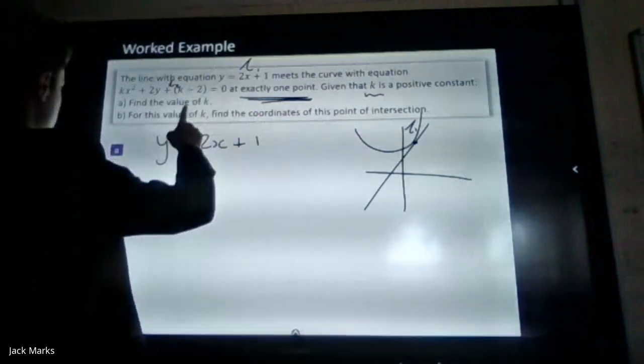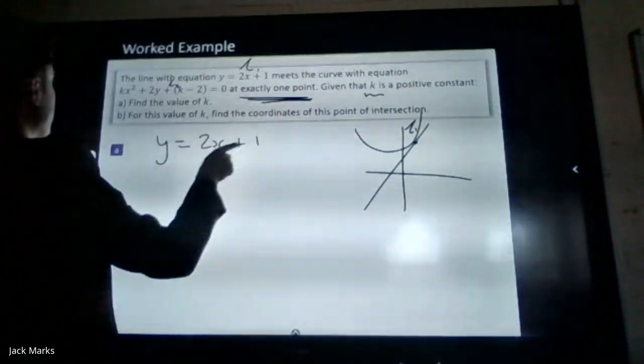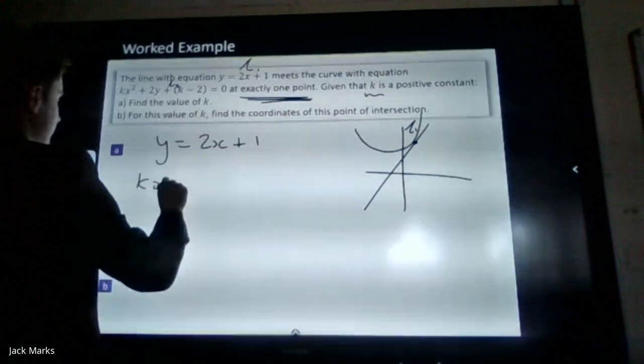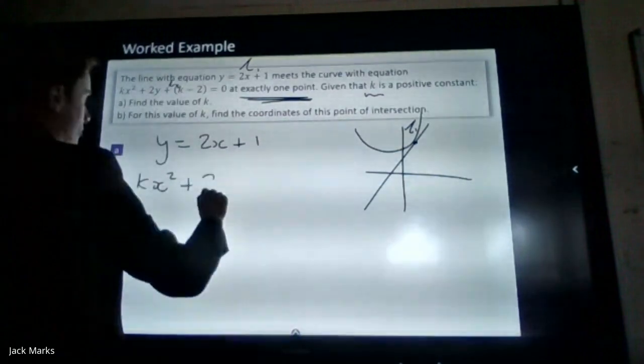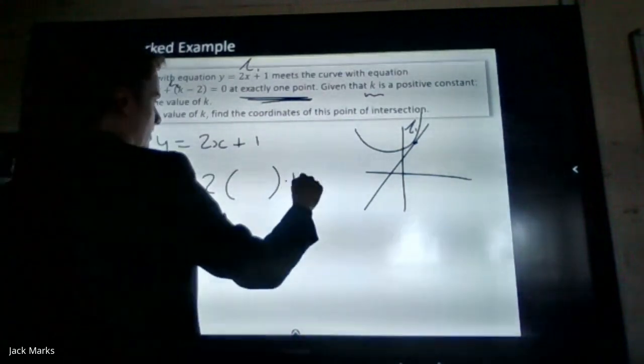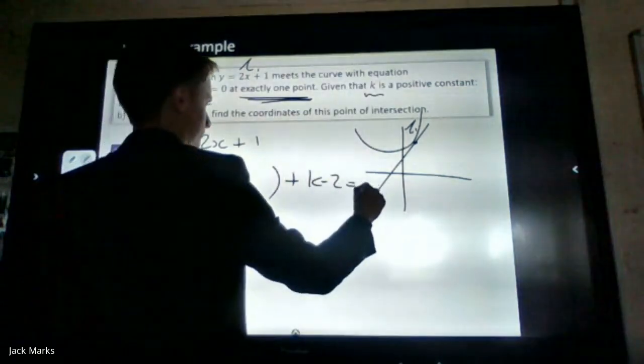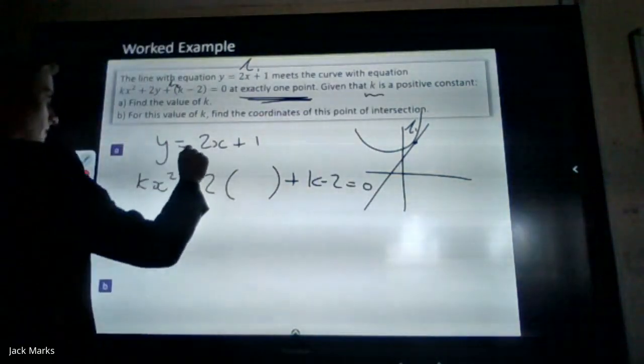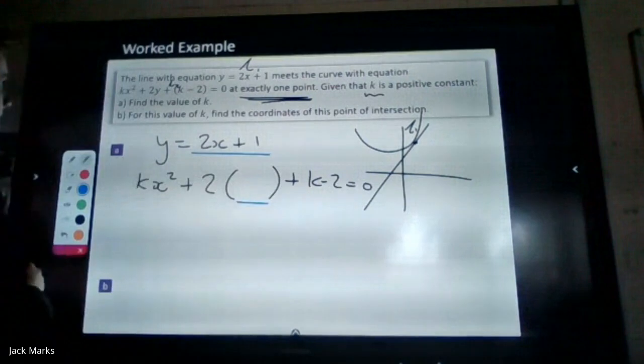I'm going to go straight in with substituting that in. So y equals 2x plus 1. Let's keep the kx squared the same, plus 2 bracket 2x plus 1, plus k minus 2 equals 0.